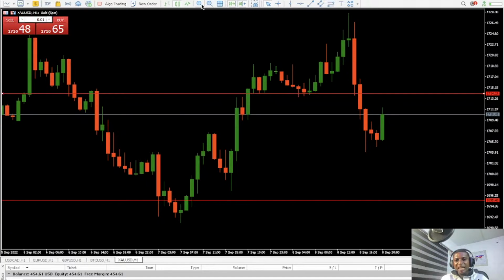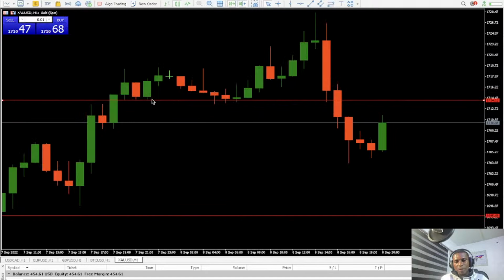If you look closely, you can see how it held price from falling and price went up. But over time price came down to test this support level and successfully broke through it, and went down.